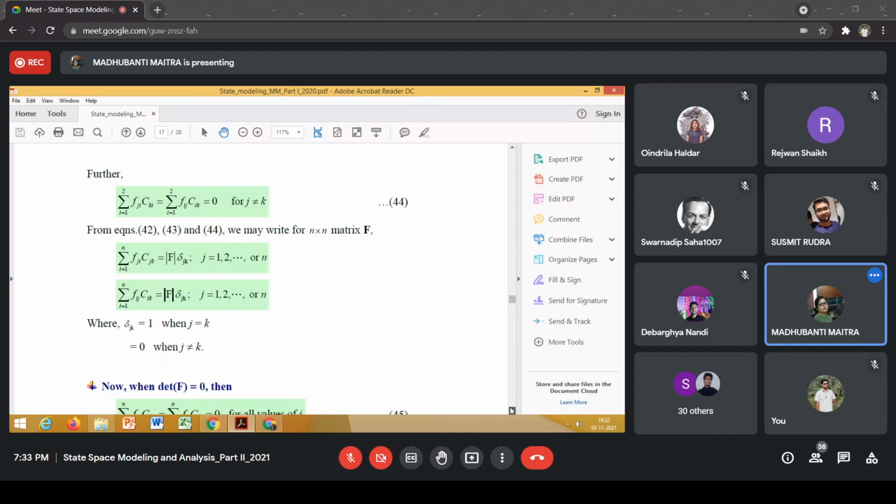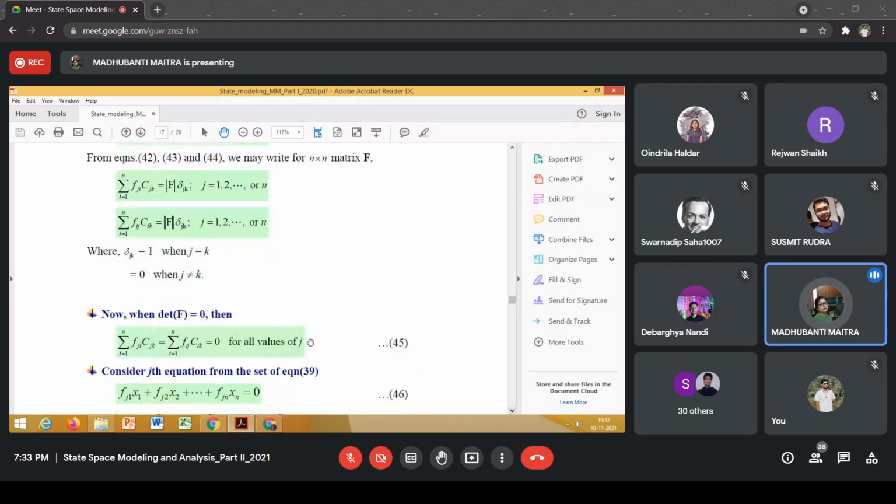So here delta jk will be equal to 1 if j is equal to k. That means if j is equal to k, then delta jk will be 1, and this summation will give us the value of the determinant of the matrix F having dimension n by n, right?